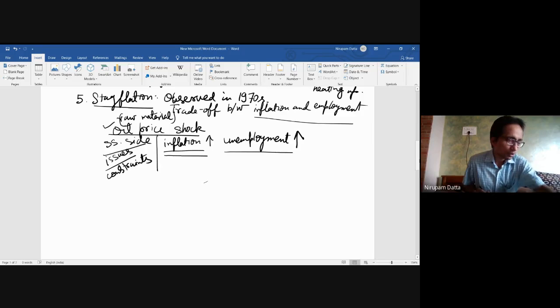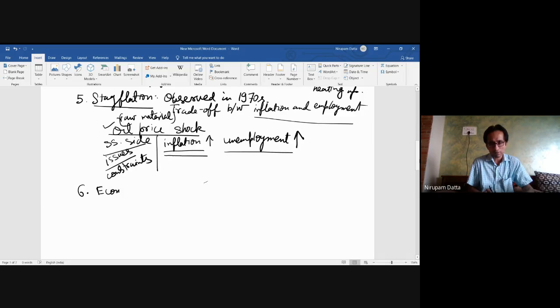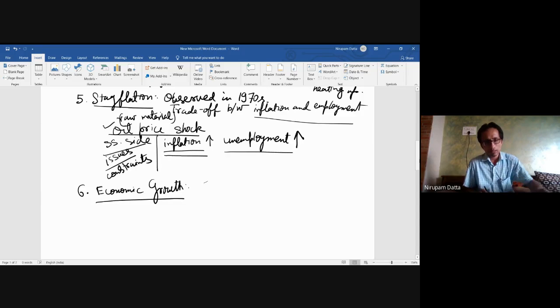Okay. Now, next we get to something which is very critical, and you will learn this in your development economics. That is economic growth. Economic growth is something which is on a very long-term basis.